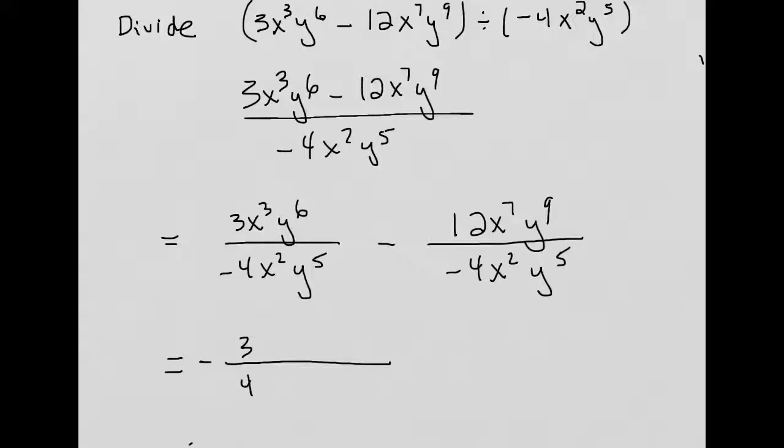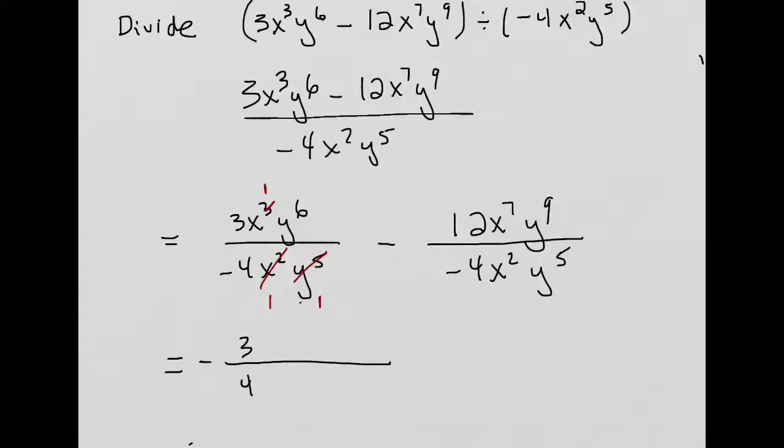If we look at the x's, notice I've got more factors of x on the top than on the bottom. So my bottom x's are going to cancel out, and I'm left with 1. On the top, I'm left with 3 minus 2, which is 1, so x to the 1st. If we look at the y's, I've got more factors of y on the top than on the bottom.